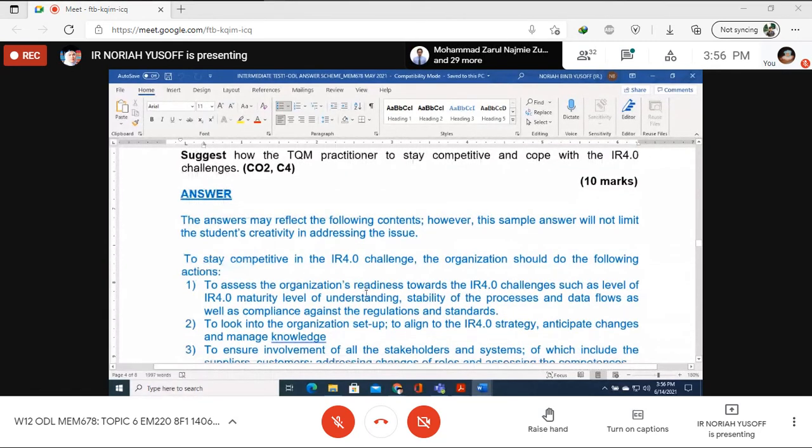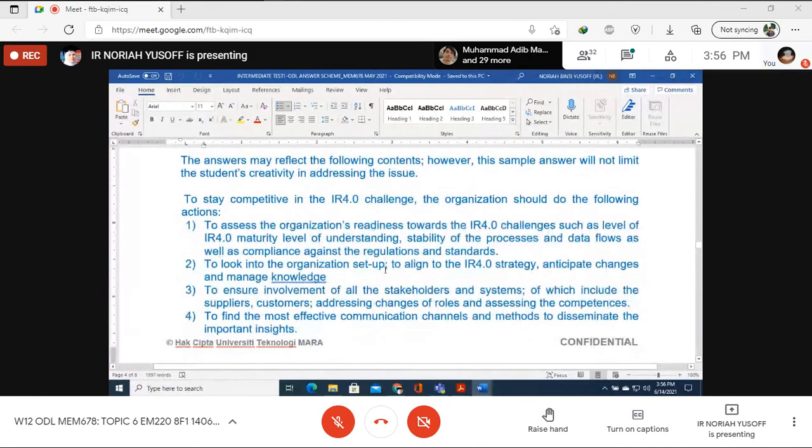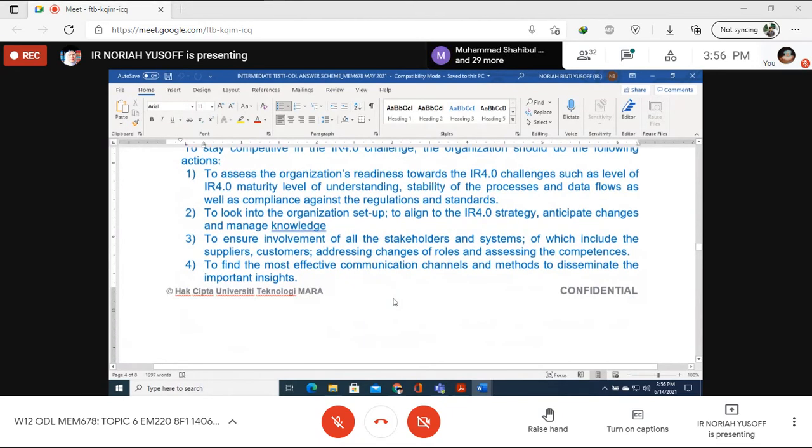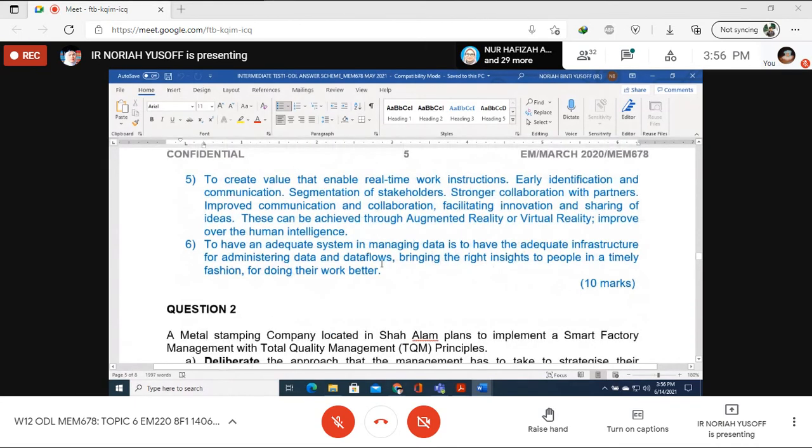If you want to stay competitive in the organization with the IR 4.0 challenge, you have to assess first your current readiness. Then you have to align, then strategize how to cope with that IR 4.0 strategy. And then how to get all the stakeholders, the employees in the organization, to be involved in the activities. So how to communicate with all the employees. So create value in real time. Some got full marks but not many.